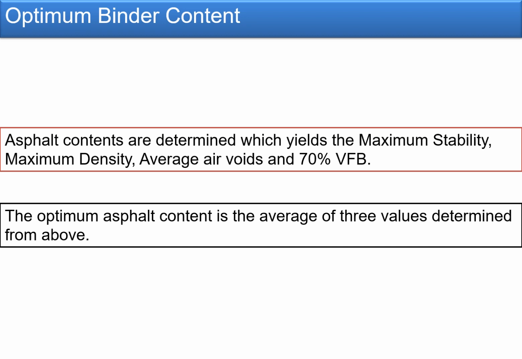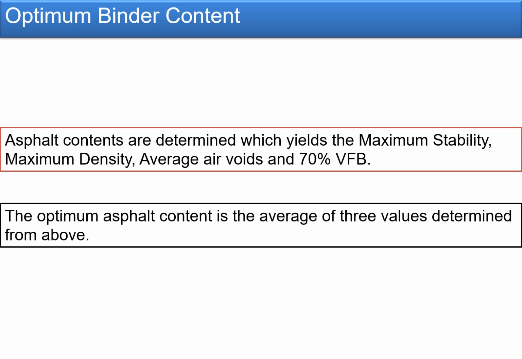In order to calculate the optimum binder content, the asphalt contents are determined which yield the maximum stability, maximum density, 4% air voids, and the 70% VFB. The optimum binder content is the average of the 3 or 4 values determined from the above bitumen contents.